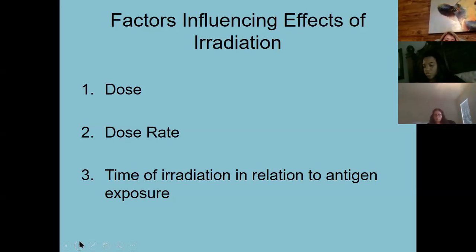It's already building your immune response. You would have less effects from that situation than you would if you were irradiated and then exposed to an antigen. Because if you were irradiated first, the radiation would damage your immune system, and so it may never be able to recover and to produce the antibodies that you need.